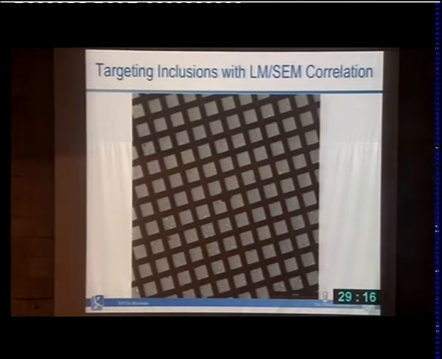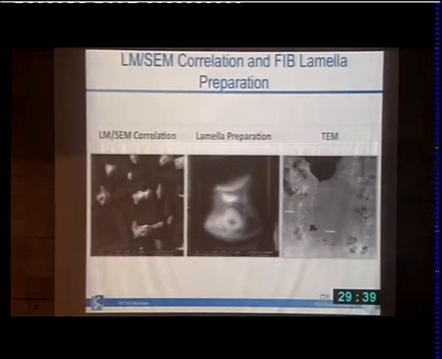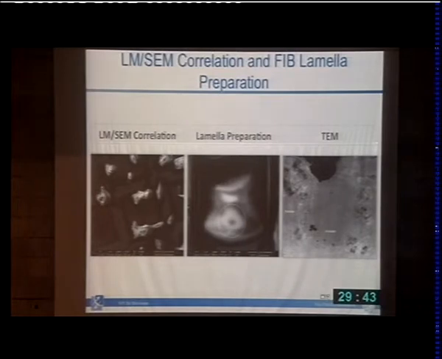So what you see here is basically the EM grid in a cryofluorescent microscope, and the Huntington inclusions here are visible in green. Now, the next step is that we select this particular grid, and we have the cell sitting here, seen now in the scanning electron microscope.